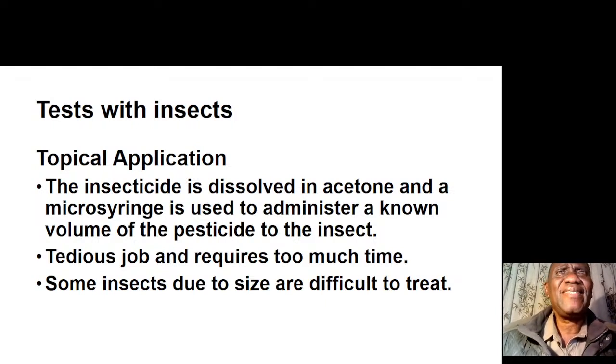Probably you have a series of concentrations which you have to administer. Now this method is a tedious job. It requires too much time, and some insects, due to size, are difficult to treat. If you were doing a research project on these things, it could be a difficult project to conduct.